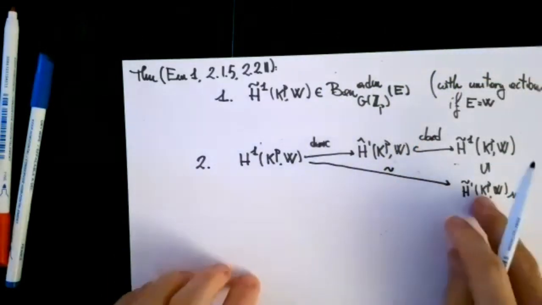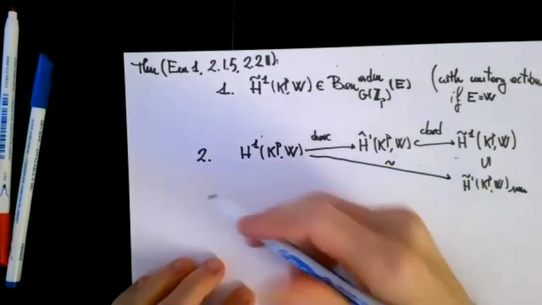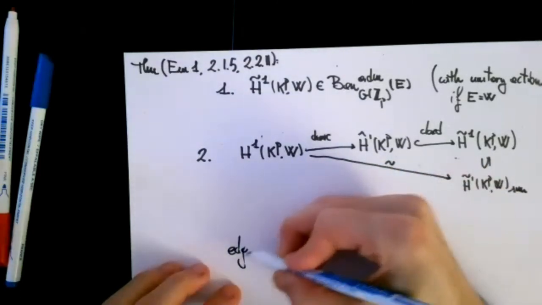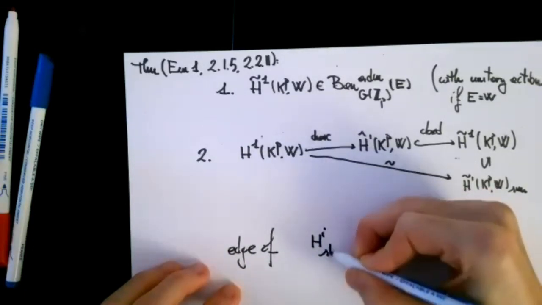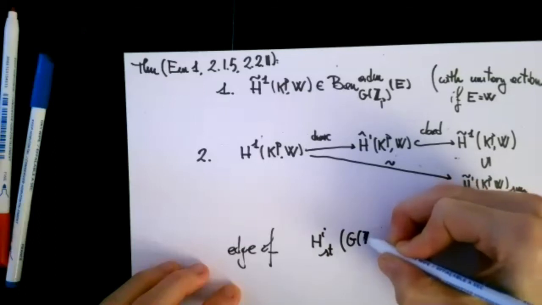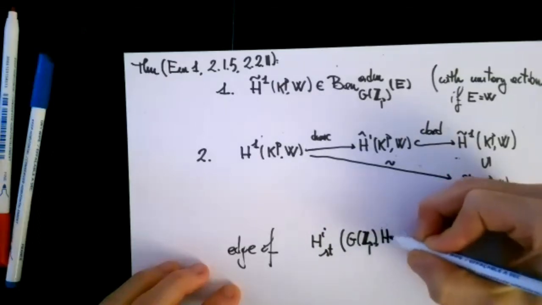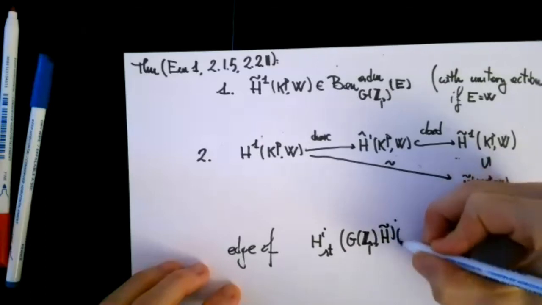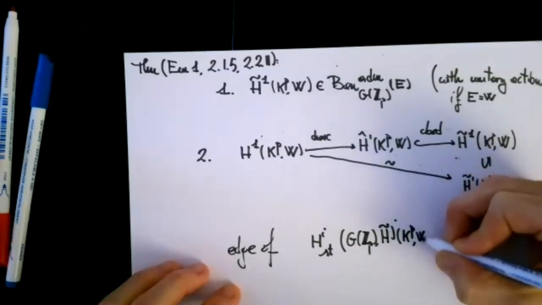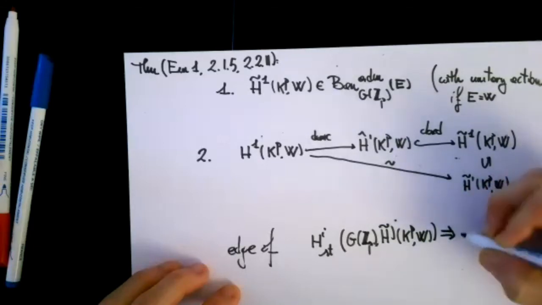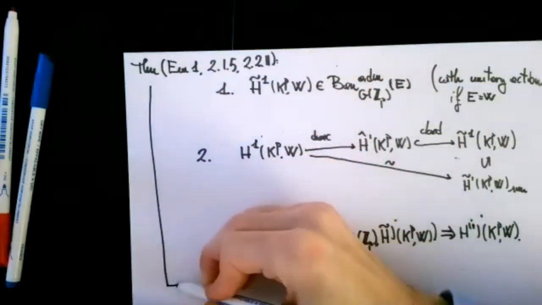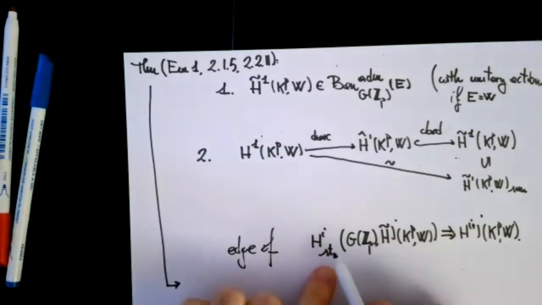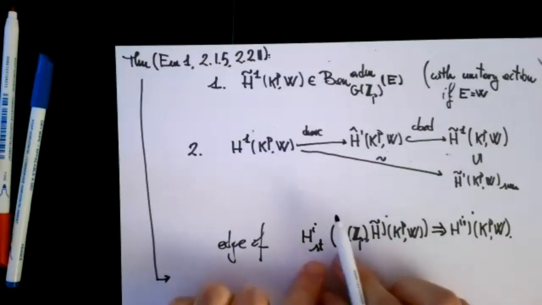And this map here is in fact the edge map of a spectral sequence. So edge of the following spectral sequence: H^i stable, G Z_p, H tilde j, K upper p W. This converges to H^(i+j) K upper p W. In particular, we will see that it makes sense to derive these functors in order to make sense of this object.